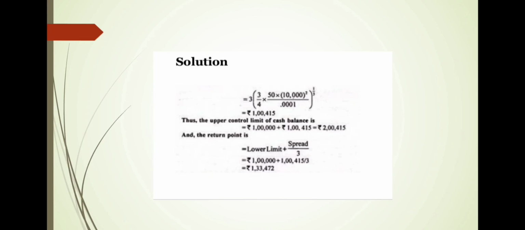Conversely, the higher the interest rate, the lower and closer they will become. Within the control limits, the cash balance fluctuates unpredictably. When it hits an upper or lower limit, action is taken by buying or selling securities to restore the balance to its normal level within the control points.